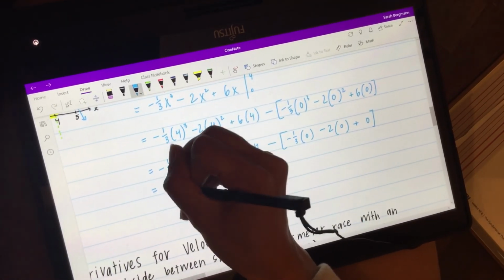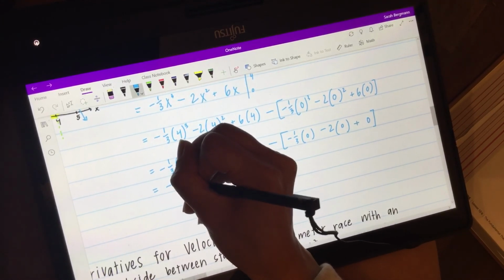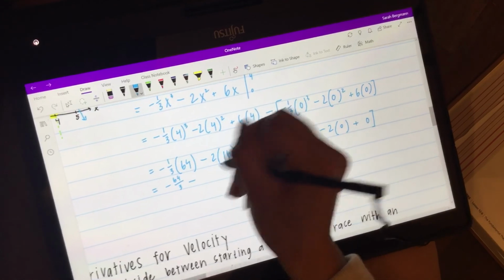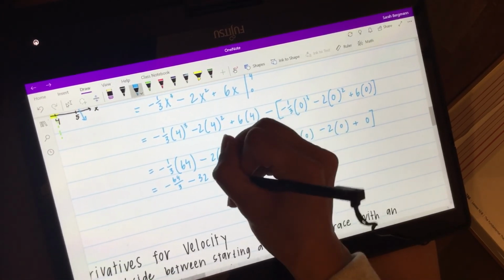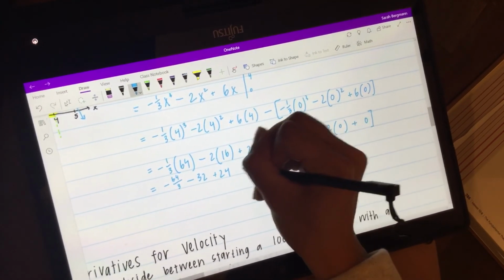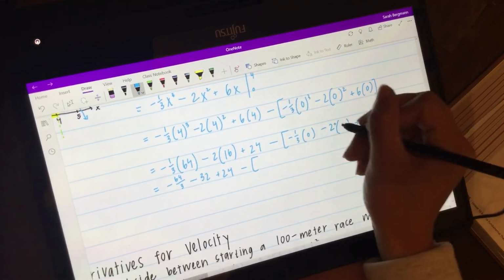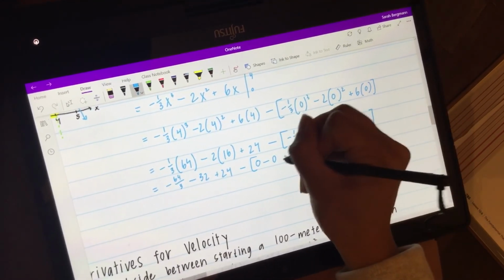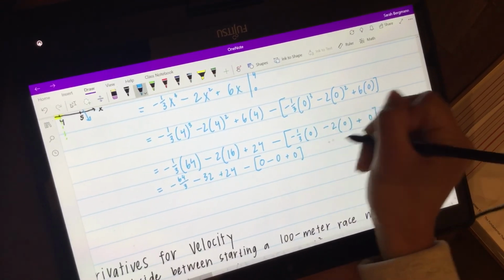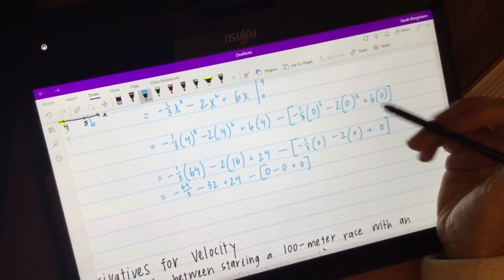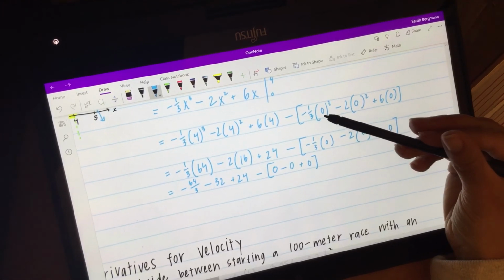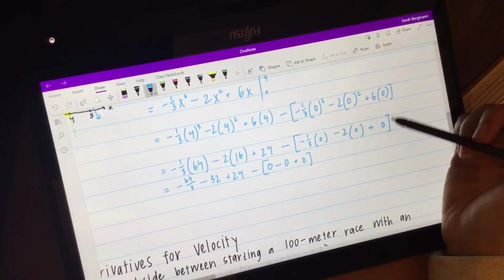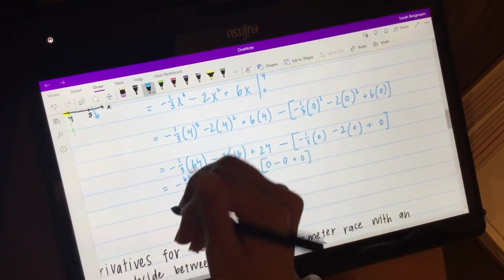Negative 1/3 times 64, that doesn't divide out evenly, so I'm just going to leave it as negative 64 over 3. 2 times 16 is 32, plus 24, and then within this parentheses, these are all multiplying out to 0, because 0 times anything is 0. Once you get good enough at this, when you see that it's a 0 plugged in and it's multiplied by every single term, you can just go ahead and put a 0 in here. But for now, I'm just writing it all out just to show you all the work.